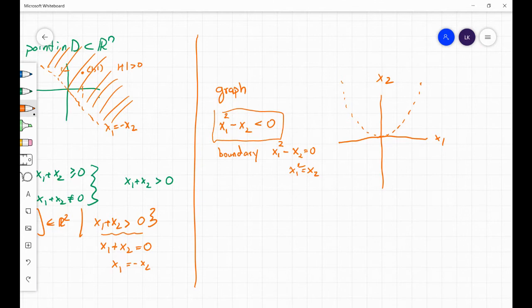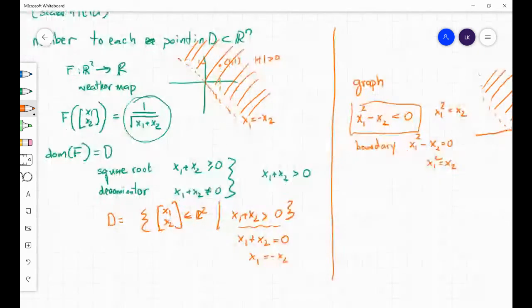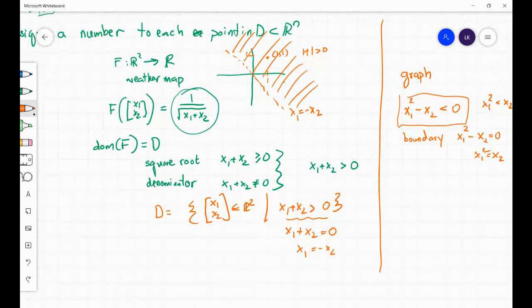So here it's where x2 is greater than the parabola where x2 equals x1 squared. So I would shade above the parabola to graphically model my region. It's just a standard procedure when graphing an inequality. You consider the boundary first, and then decide which region to shade, if you will. Got it. Okay.